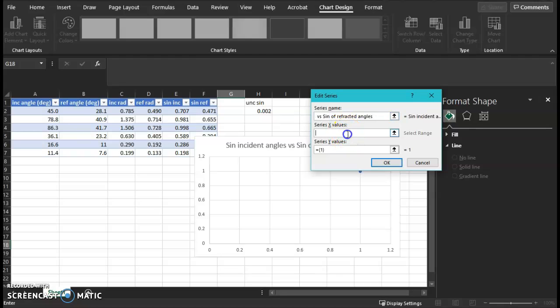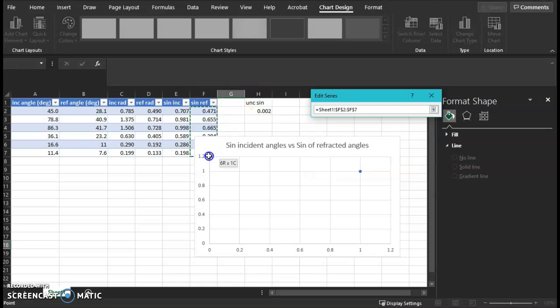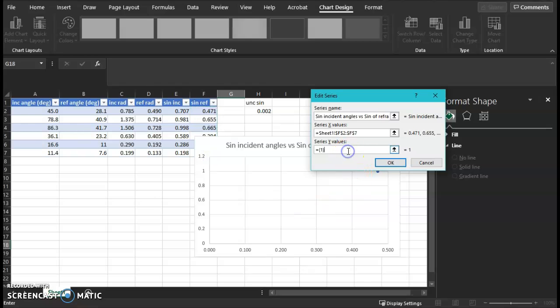My x values, these will be the sine of the refracted angles. And my y values, these will be sine of the incidence. It's always rise versus run.